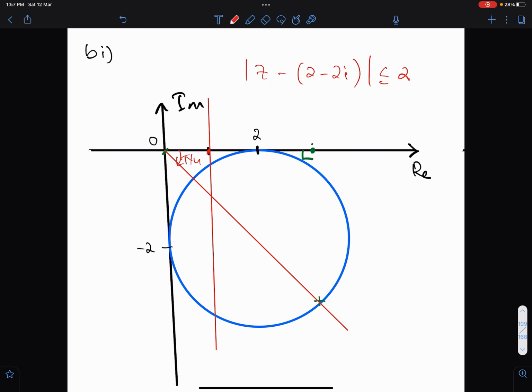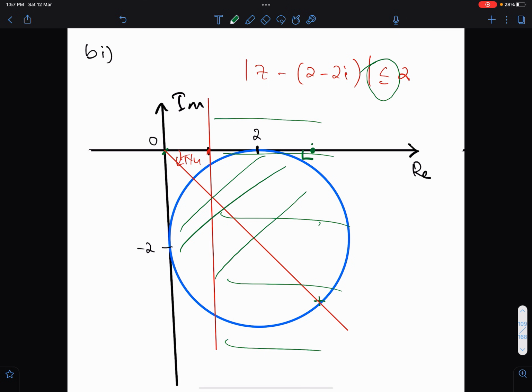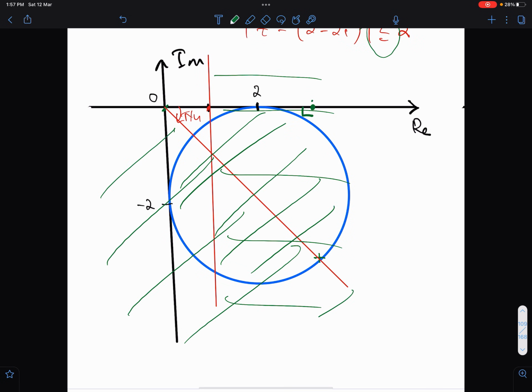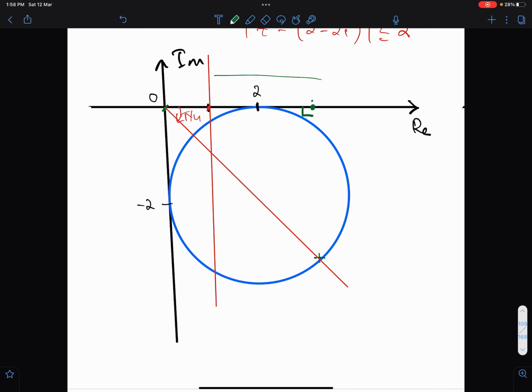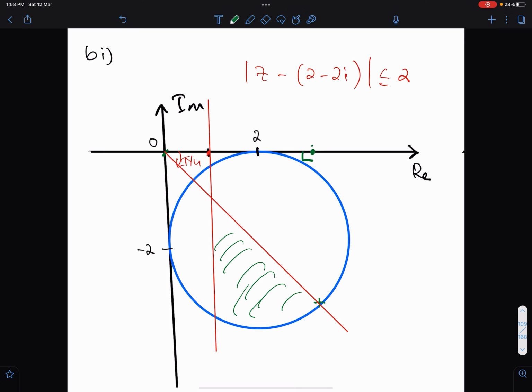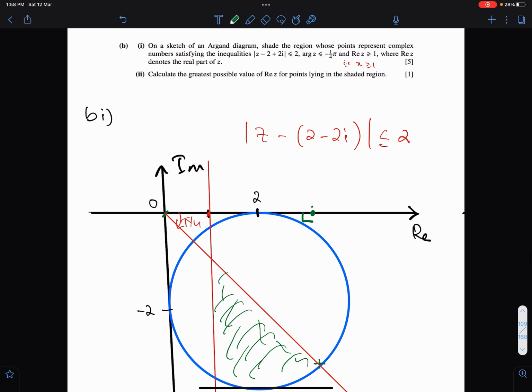So x greater or equal to 1 means the required region is here, and this means z lies inside the circle or on the circumference, and this inequality means z is here. So we have to shade the common part. This is the common part. So this is the region where z lies.